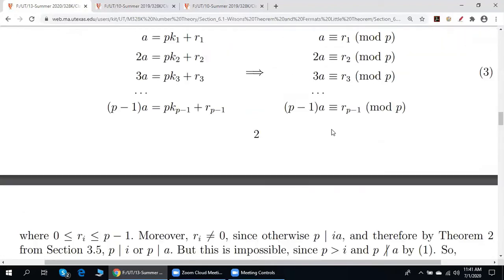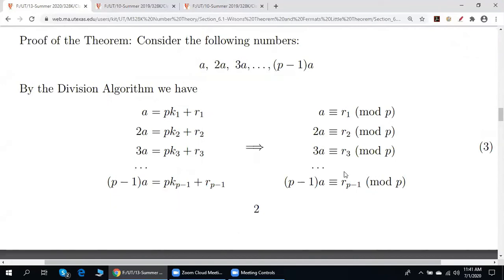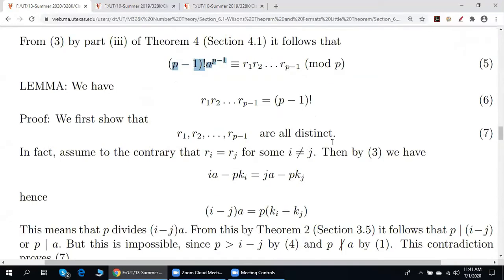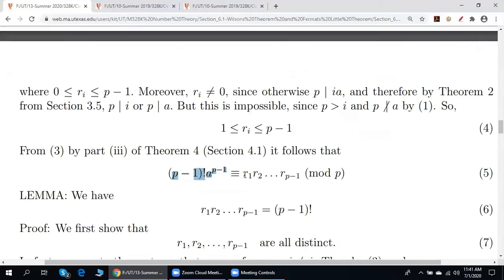Of course, the product of right-hand sides is R1 times R2 times R3 times and so on times R P minus 1. It's exactly what we have here.